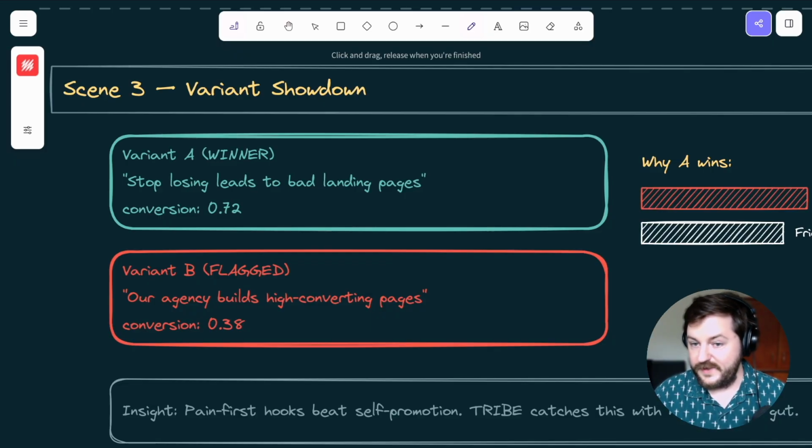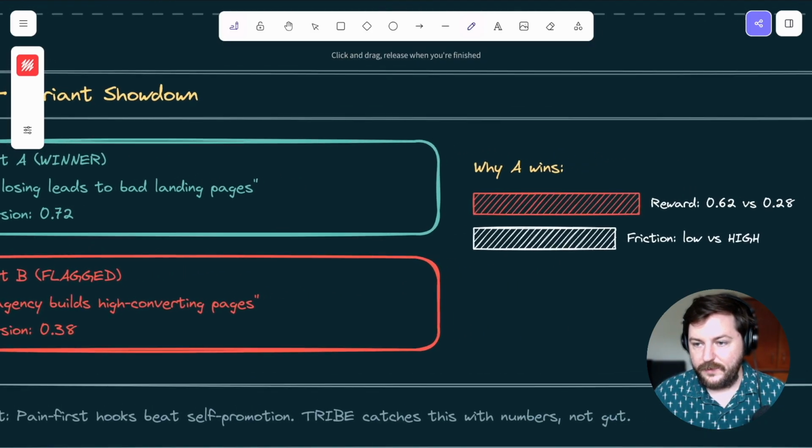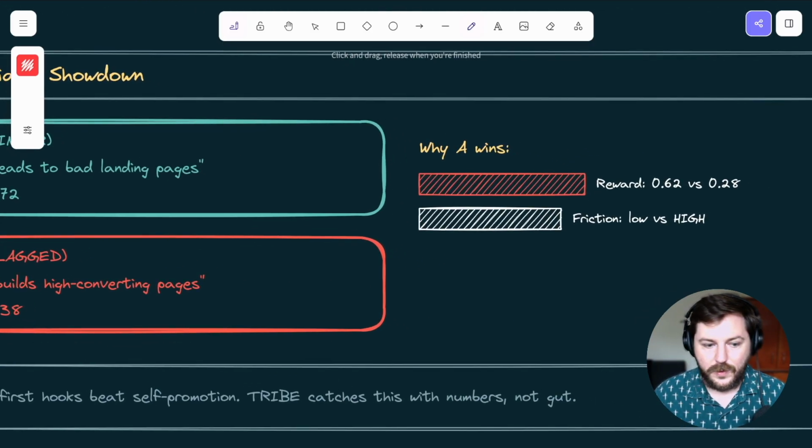So 0.72 is a significant improvement based on something maybe that would have been your initial. So our agency builds high converting pages, 0.38. So why A wins? I think we're looking at a difference on the reward tangent here of 0.62.